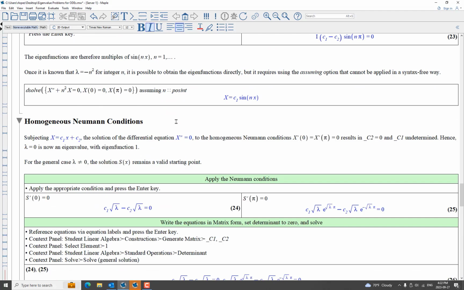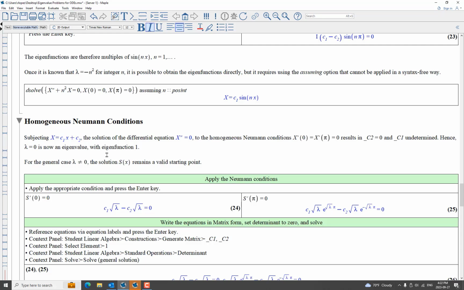Homogeneous Neumann conditions imposed. So we know that this linear function is a solution of the differential equation x double prime equals 0. So if you apply the homogeneous Neumann conditions, you're going to get that one constant is 0 and the other one is free.